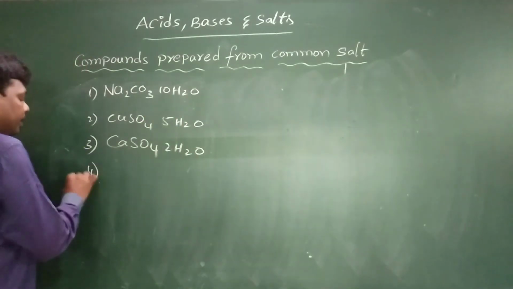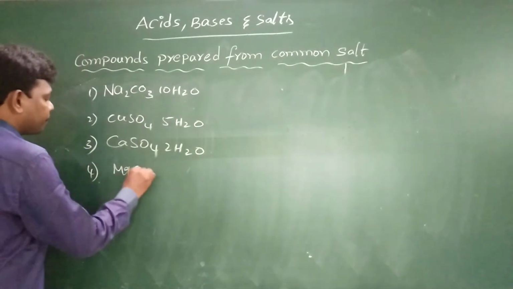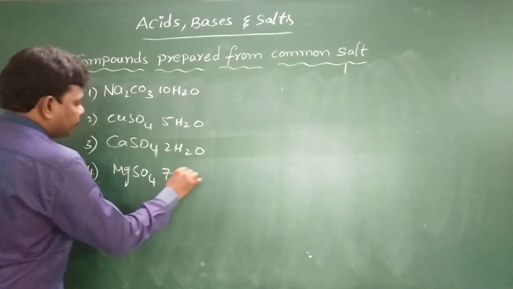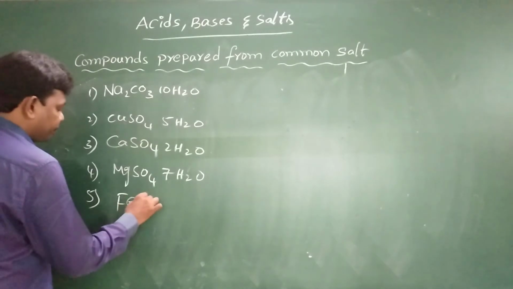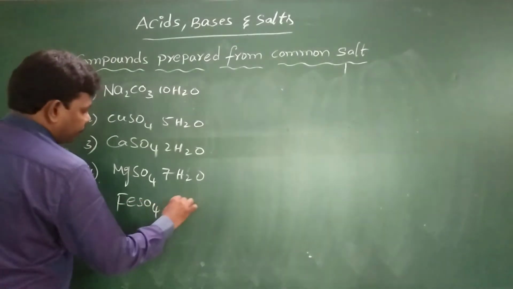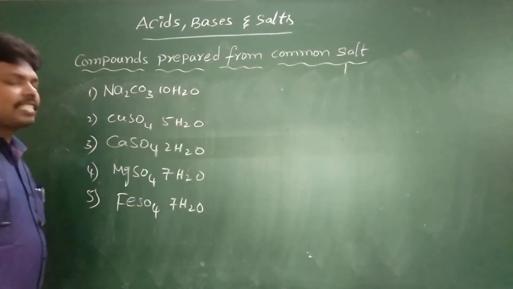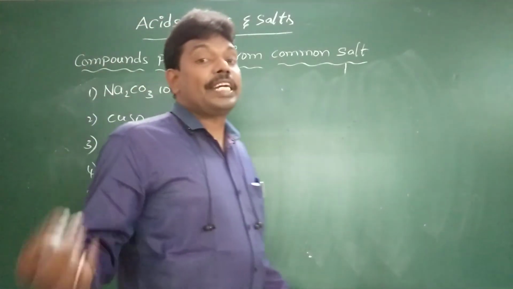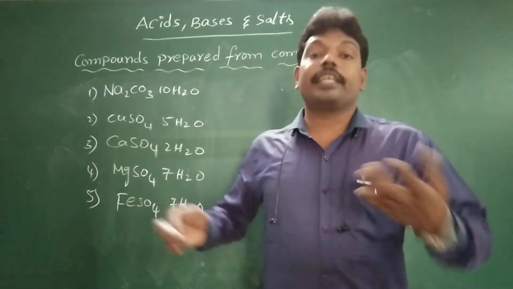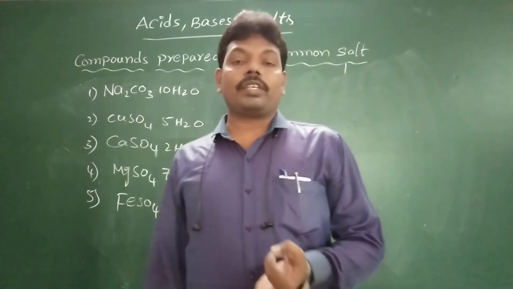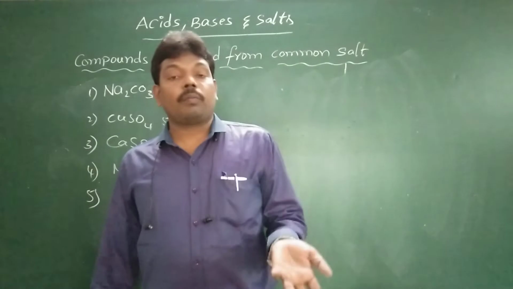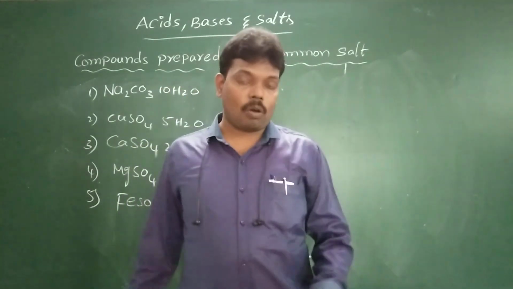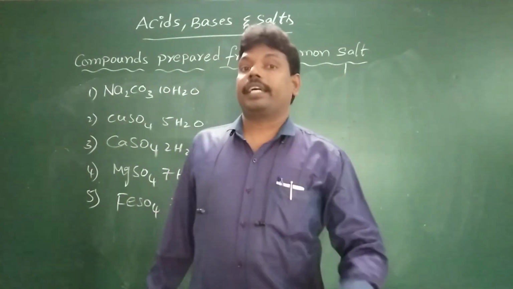Next, the fourth one is MgSO4·7H2O, the fifth one FeSO4·7H2O. So like this, if you take salts, the salts are hydrated. That means the salts contain some water molecules. Every molecule of the salt contains a certain number of water molecules. These are called hydrated salts, and this is called water of crystallization.